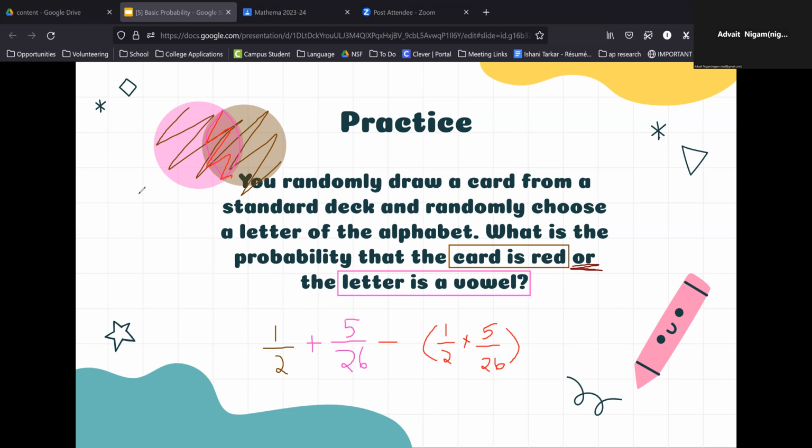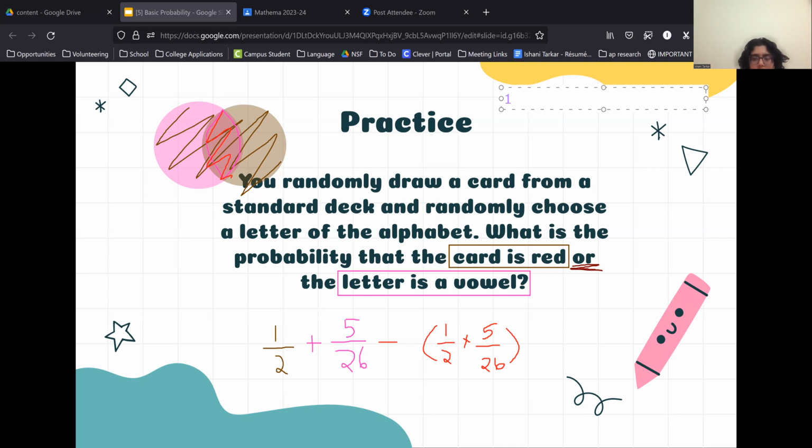Okay, so I'm actually going to use a simpler problem, right? So say for example, we roll a dice and we want to get a prime number, and we also flip a coin and want to get a head.